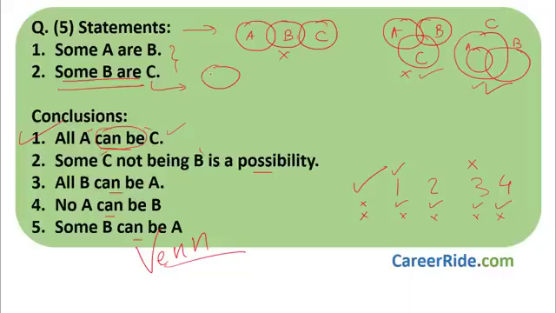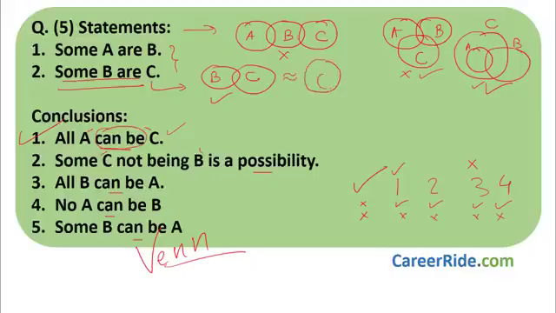This can be written like this, B and C. So some B are C, and this conclusion holds true here, that some part of C may not be B. But we have already learned some B are C can also be drawn like this.